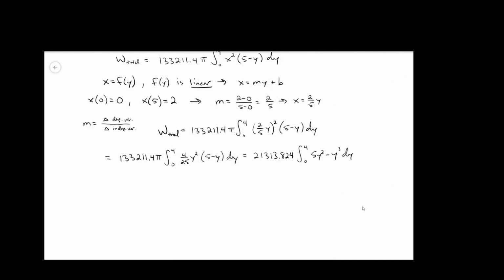Okay, finally we're at a place where we can go ahead and evaluate this. Antiderivative: 5/3 y cubed. Antiderivative of the second one: 1/4 y to the fourth. Plug in 0, plug in 4, although really we only need to plug in 4 there.